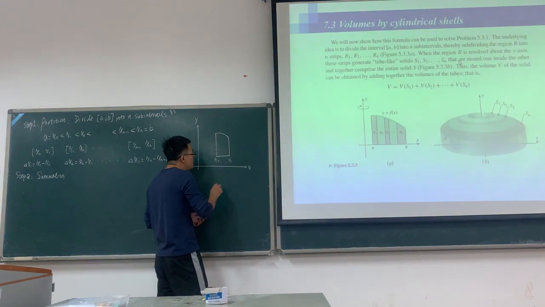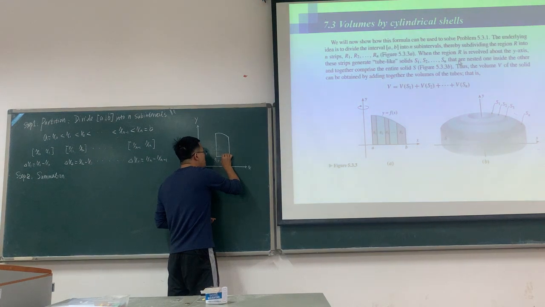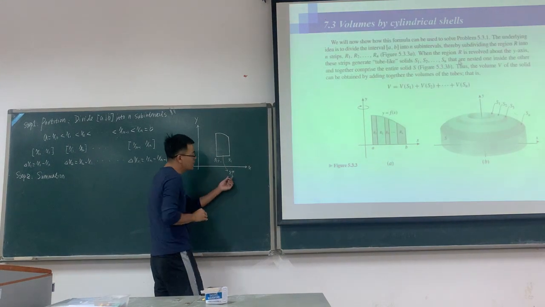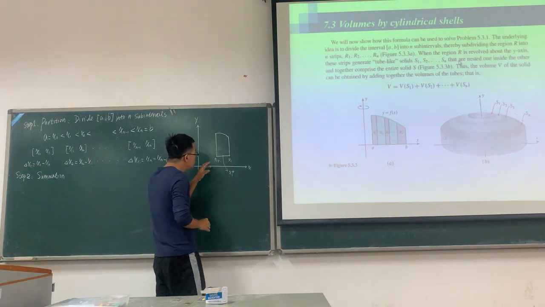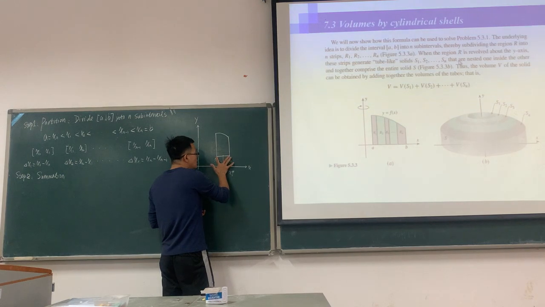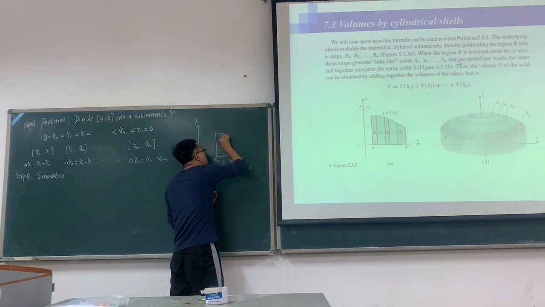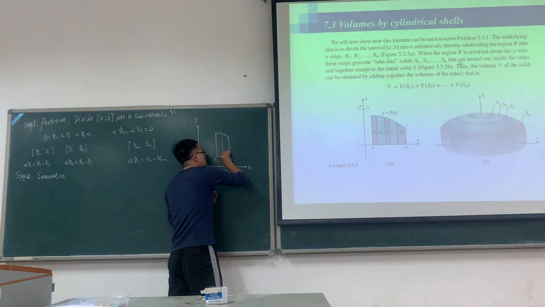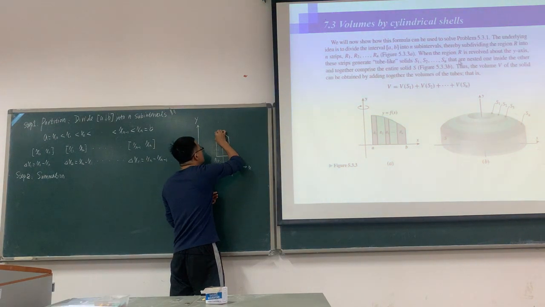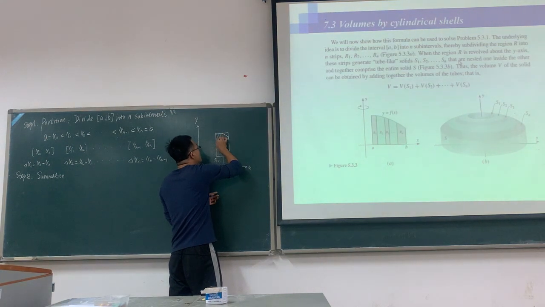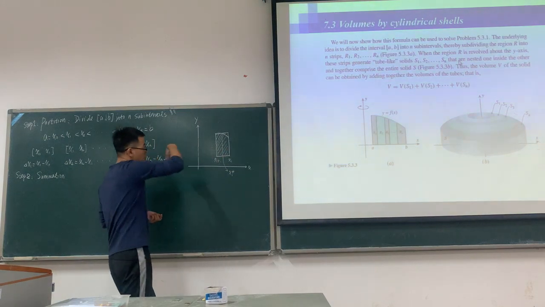First, we choose one point, which we denote by x1 star. We use the width delta x1 and the height f of x1 star to form a rectangle to approximate the strap.